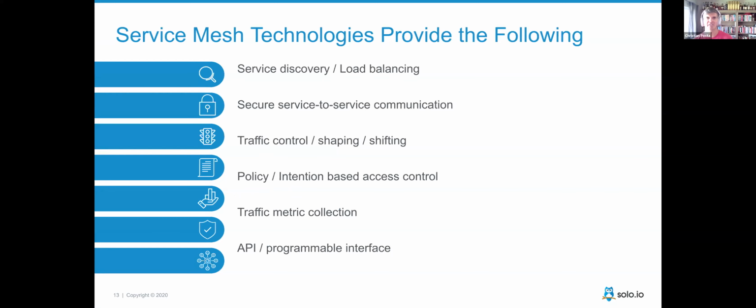Now, the assumption coming into this is that this is not an intro to Service Mesh workshop. We do have a more Istio focused hands-on workshop, and I can give you details about that later. The next couple of slides will level set a little bit, but this is not necessarily an intro level workshop.